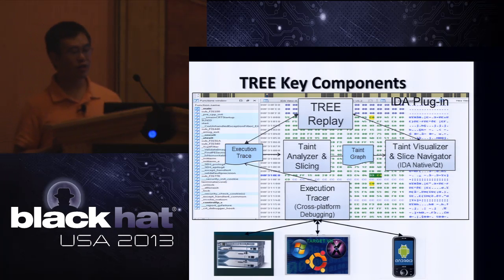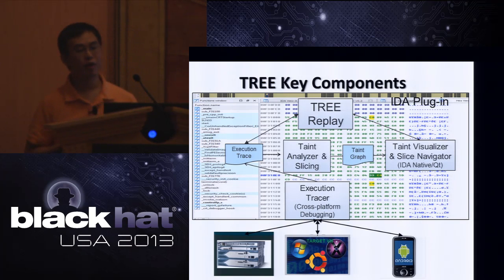The taint analyzer processes the trace collected from the tracer, then generates the taint graph that describes the key facts of the data and instructions involved. And the taint visualizer visualizes this information and lets you interact with the other parts of the system.